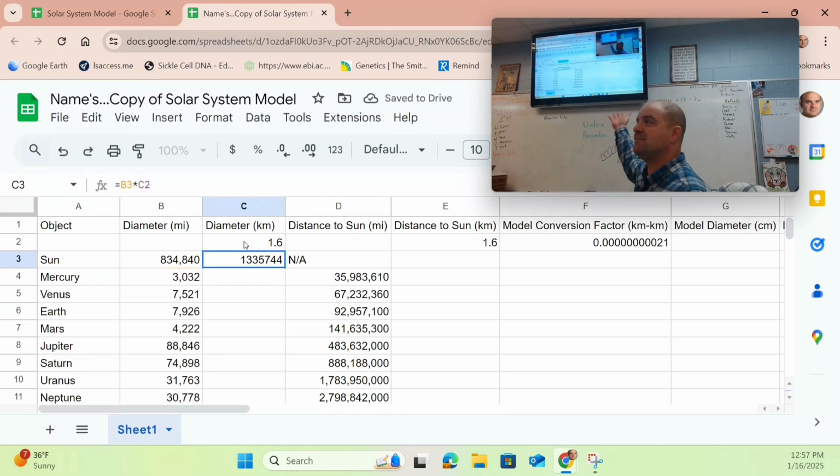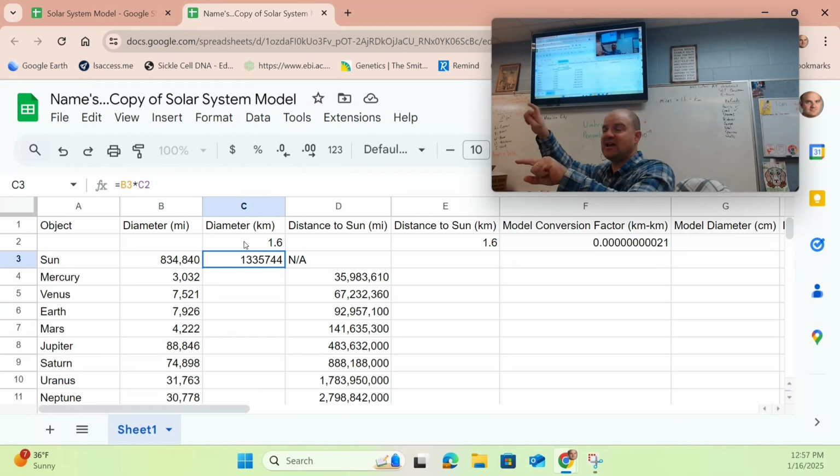Now, if it didn't make the suggestion, then you would just hit equals, and you would click on the boxes that you want to multiply. You'd hit Shift 8, which is the asterisk, the multiplication symbol, and then you'd click on the other box. Let me demonstrate.